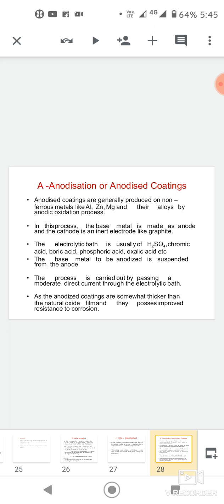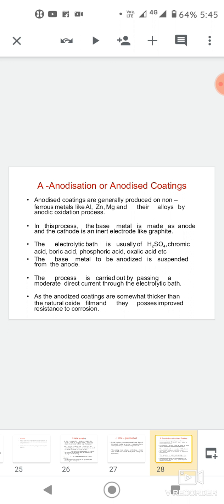DC is generally employed as it generates a coating that has deeper penetration. A current is passed through the electrolyte. Oxygen is liberated at the surface of the workpiece anode and immediately combines with it to form the oxide film.